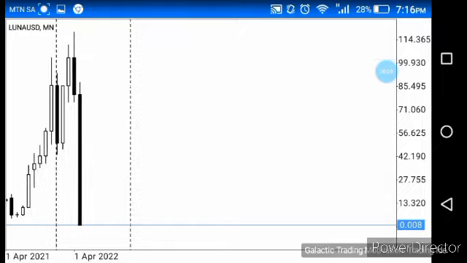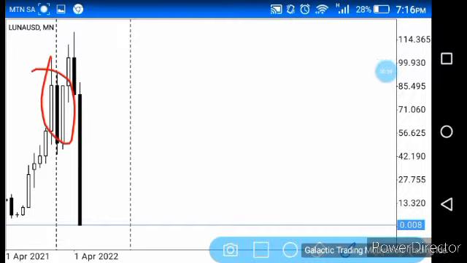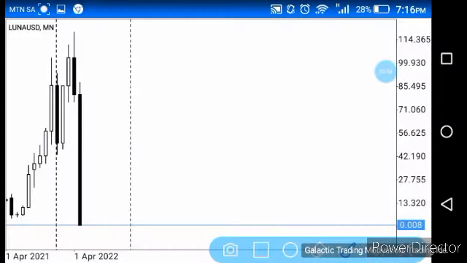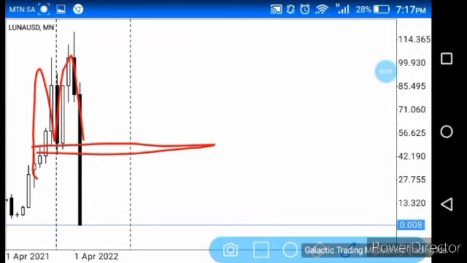Another thing that I can see is that the first leg of the information created a railroad track in this region. It also created another railroad track in this region. So there was confluence in as far as price possibly creating a reversal, especially after breaking this particular neckline, right?